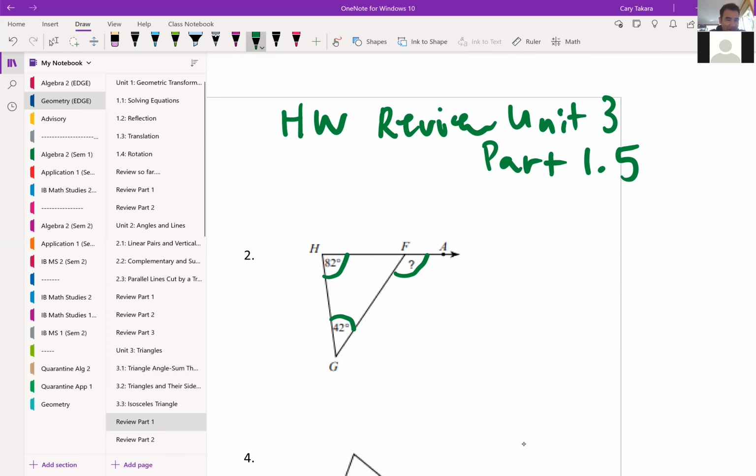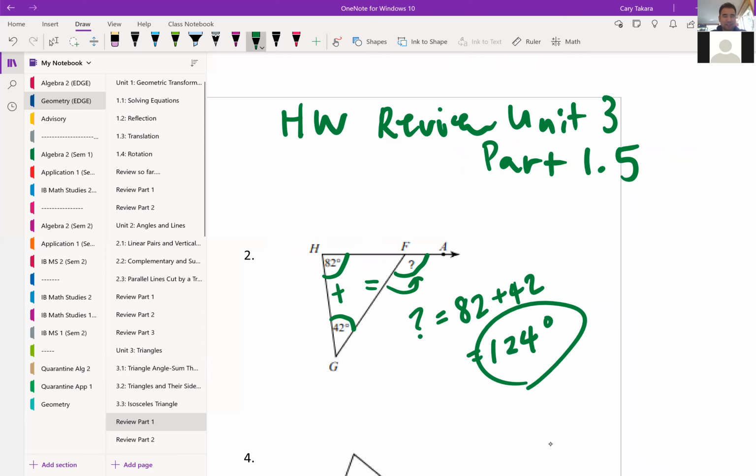Those are the interior angles. If you add them, that's going to be equal to that. So what do you think the question mark is going to be? It will be 82 plus 42. All you have to do is just add those two numbers, which will be 124. Okay.